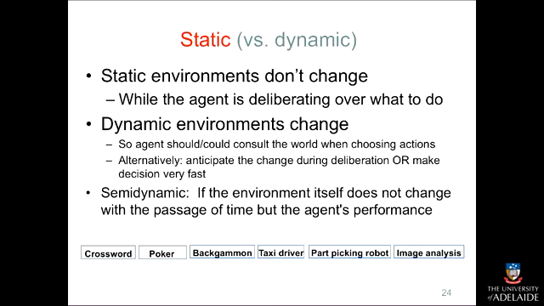We can allow the environment to change, but we want to be able to sense the environment, whereas a dynamic environment would be one where it may be evolving in ways that we can't necessarily sense. We might have to predict. So a dynamic environment changes, so the agent needs to consult the world when choosing actions, or it needs to anticipate the change during its deliberation, or perhaps make its decisions really fast.